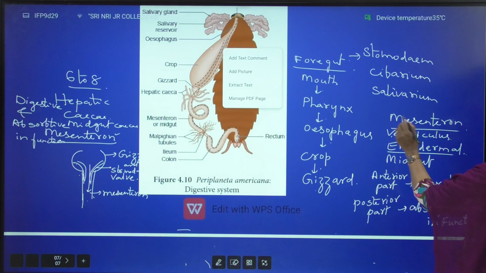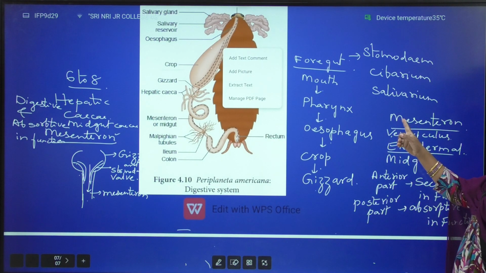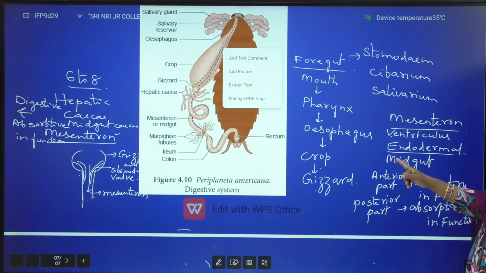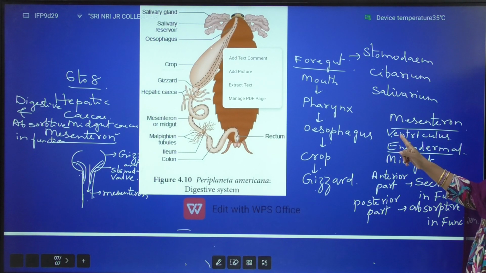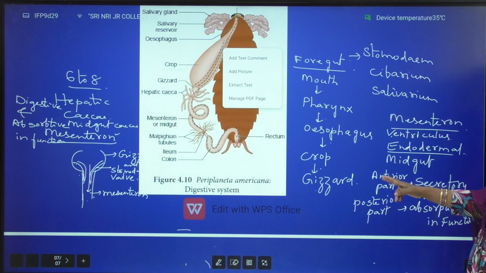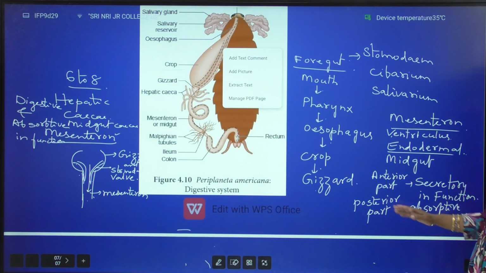Anterior part is the secretory part and posterior part is the absorptive part.